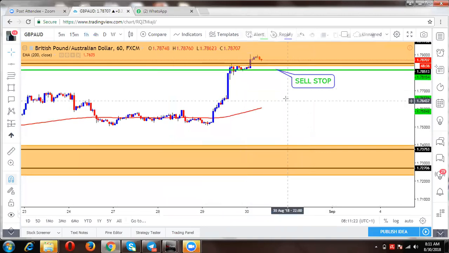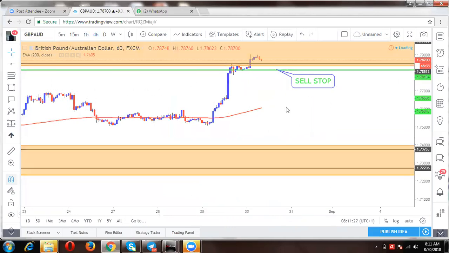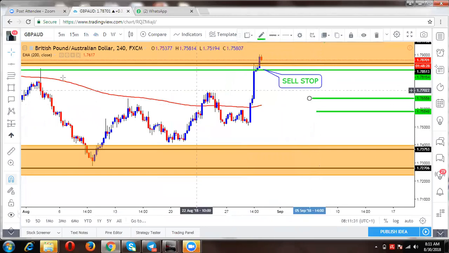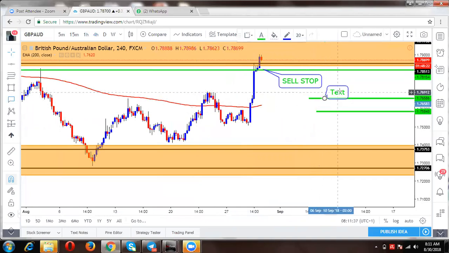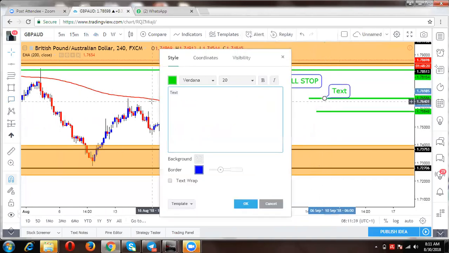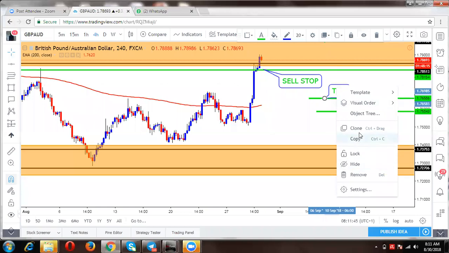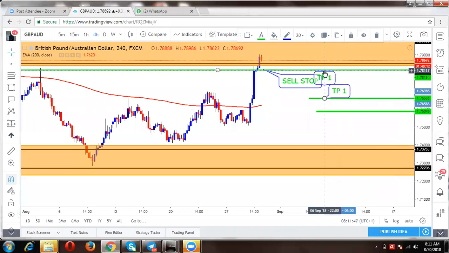Is your risk management, and then we're looking at our TP. We're looking at TP here. TP1 and TP2.